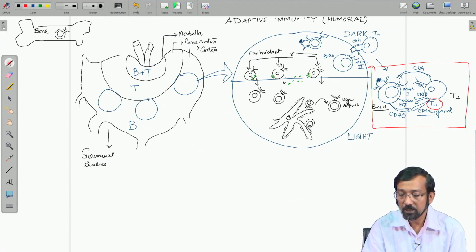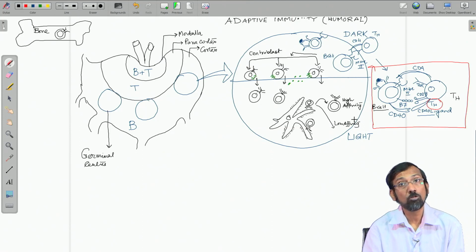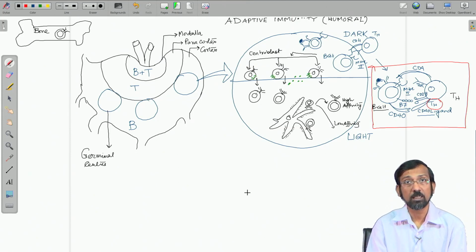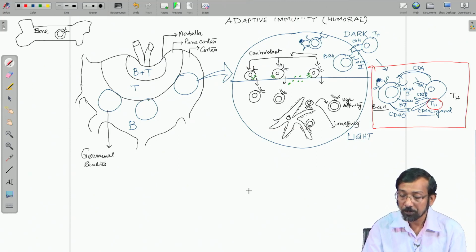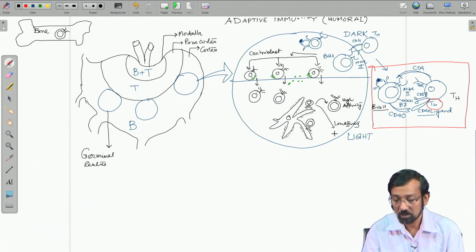Those with low affinity, that means those which could not compete with the high affinity cells to bind to the antigens, will be excluded, and they will finally die by apoptosis. So, now they are excluded.